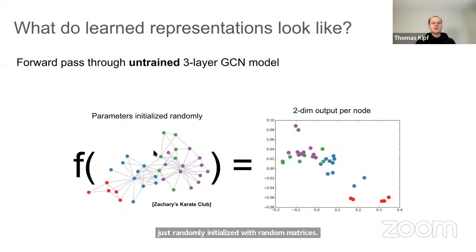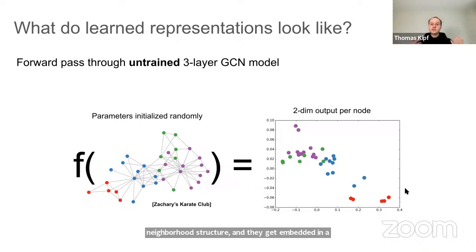Then we apply this and project the output to 2 dimensions, so we can plot it. And what we see here is that even when we apply a randomly initialized, untrained graph convolutional net, a GCN model, to this simple graph, the output already kind of distinguishes the nodes to some degree. The nodes in this lower left corner have a different local neighborhood structure, and they get embedded in a different part of this space.